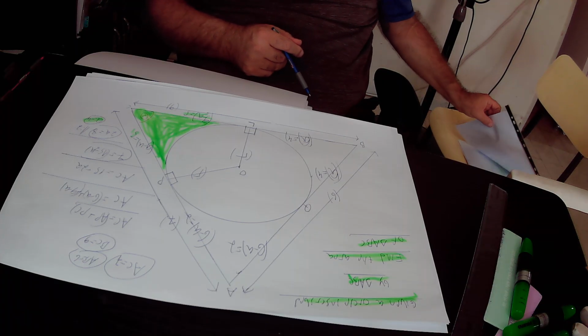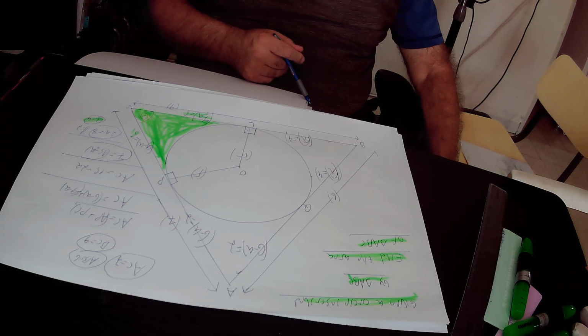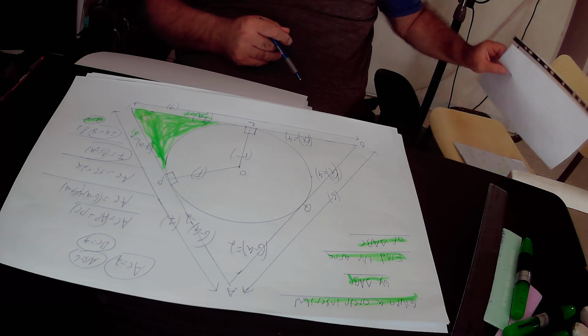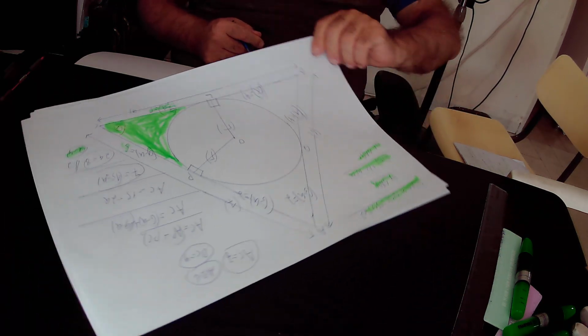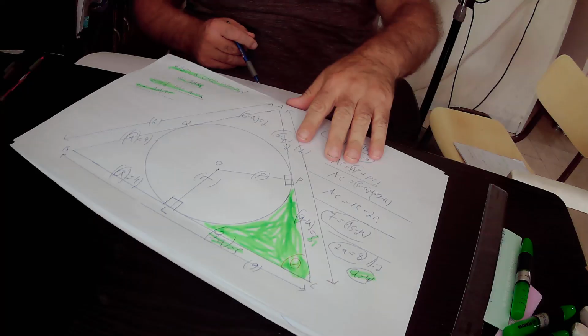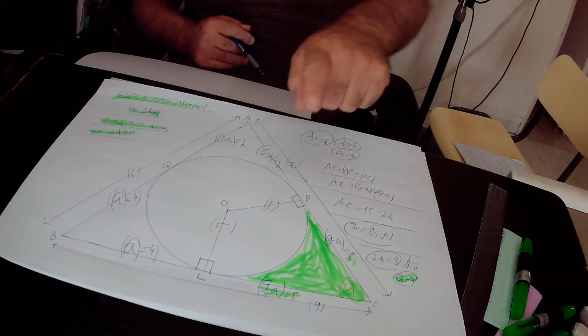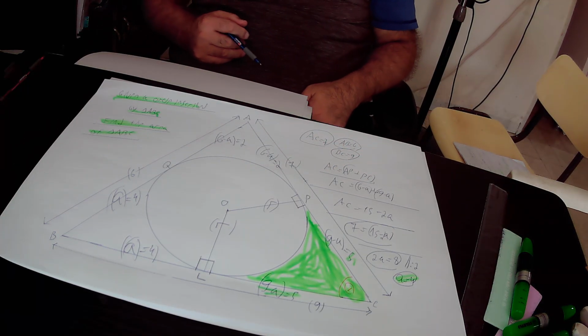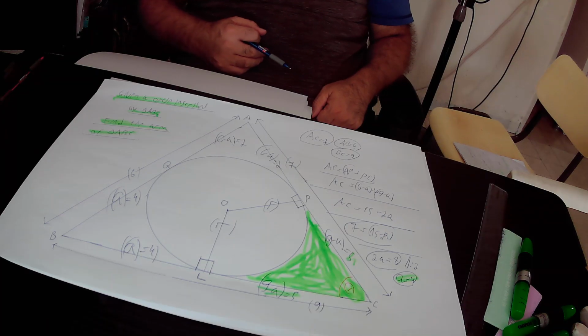In the next step, we'll find out the semi-perimeter of this triangle ABC. What is a semi-perimeter? A semi-perimeter is the perimeter over 2.